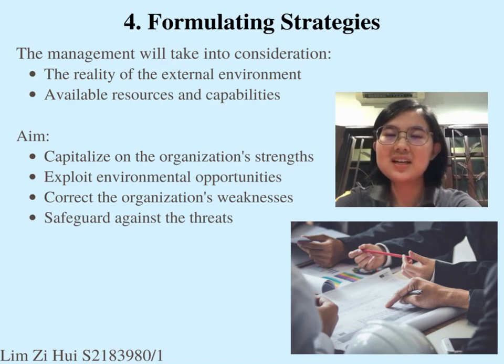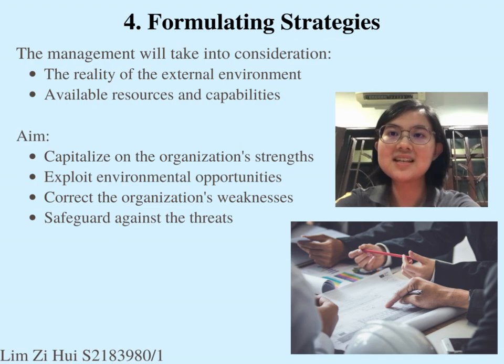Step 4. Formulating strategies. After completing the SWOT analysis, the managers will formulate the strategies. They will take into consideration the reality of external environment and the available resources and capabilities when developing the strategies to improve efficiency and effectiveness. Managers try to formulate 3 types of strategies: corporate, business, and functional.